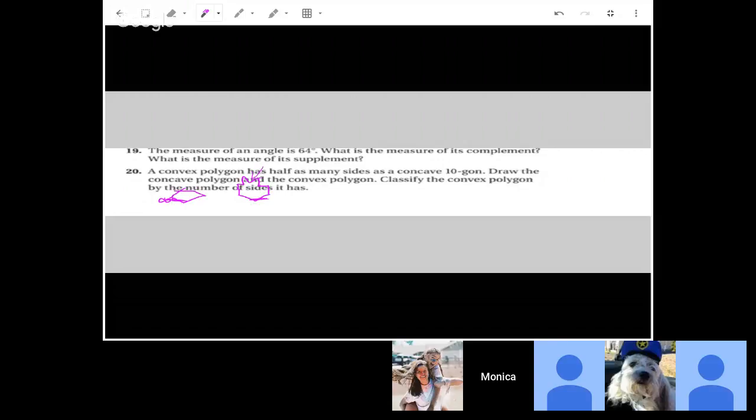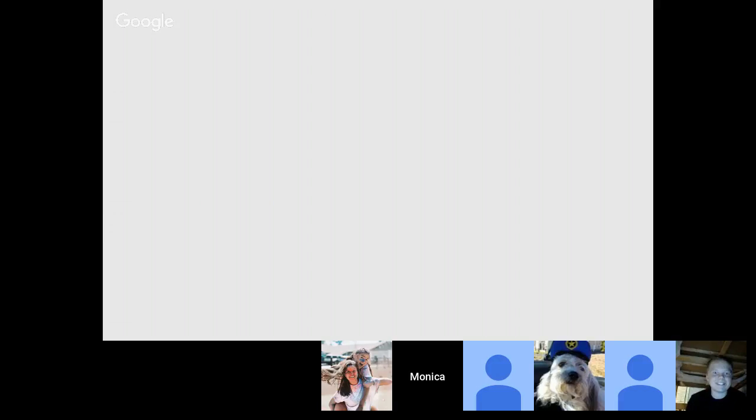So this one has 1, 2, 3, 4, 5, 6, 7, 8, 9, 10 sides. Does that help? Yes. So it would have 10 sides? Yeah, that one does, the concave one.